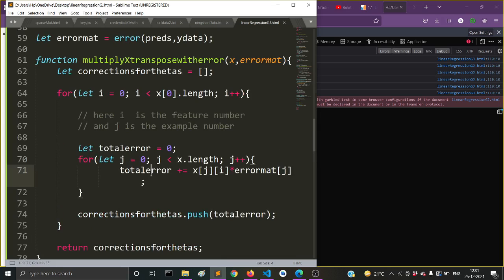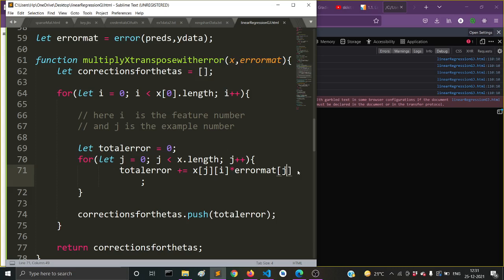Now, what we are doing is that for all the training examples, you have to multiply for the jth training example and for the ith column. At a particular time we are considering only one column, and for that column only we are traversing over all the training examples, that is j training examples, and we are multiplying with the respective error which we have got for a training example, right?